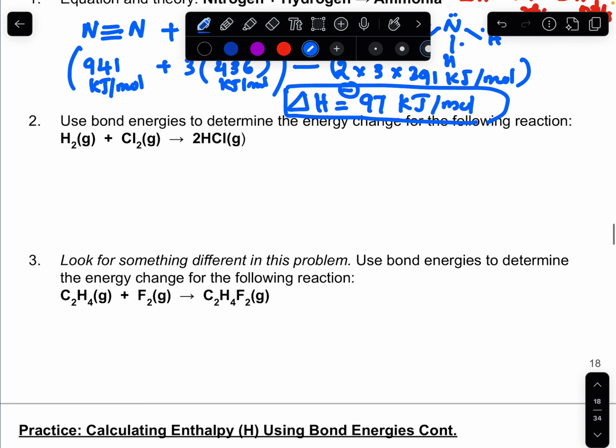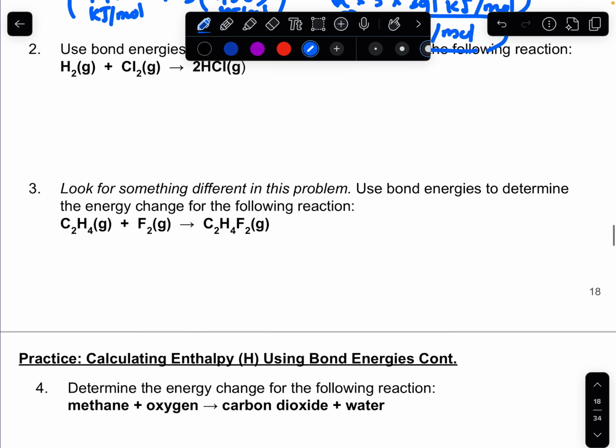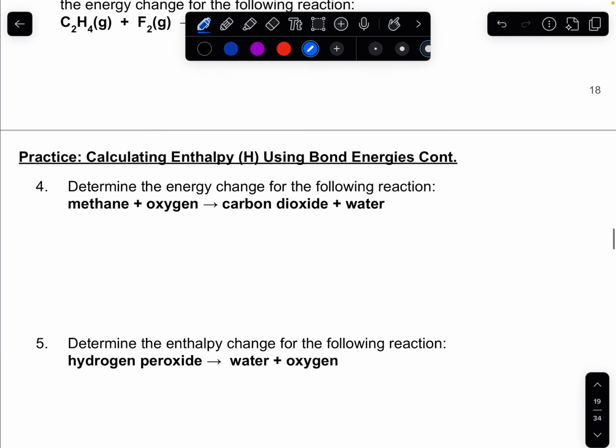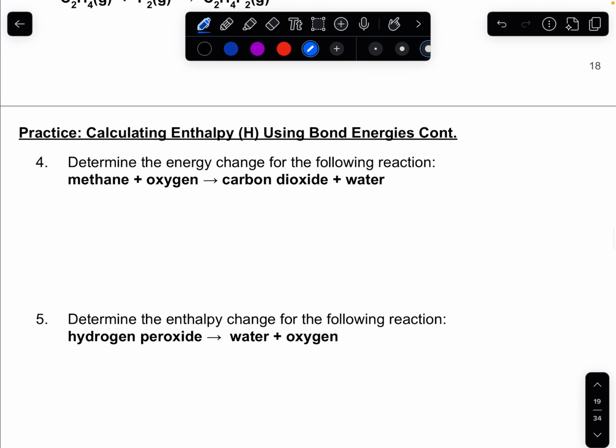Okay, let's do one more word equation and come back. So methane plus oxygen forming carbon dioxide and water. Methane is CH4, so we are going to draw the structure like this, and I have recorded another video for drawing the structure of organic compounds.